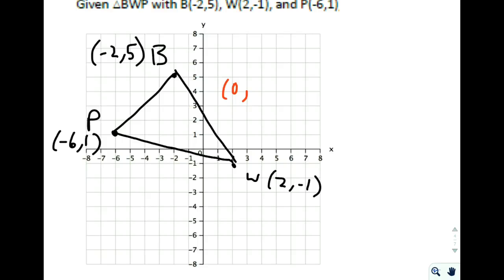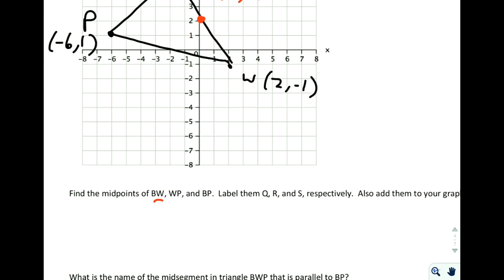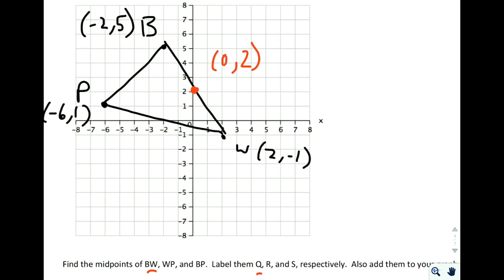And then 5 and -1, a little less obvious, so I'm going to add them together and get 4, divide it by 2, and get 2. So the point 0, 2 is my midpoint. And if I go over 0 and up 2, you can see that it falls pretty close to my sketched line there. Now BW, that's the midpoint of BW, the first one, that's going to be called Q. So I want to label this right away so that I don't get goofed up later.